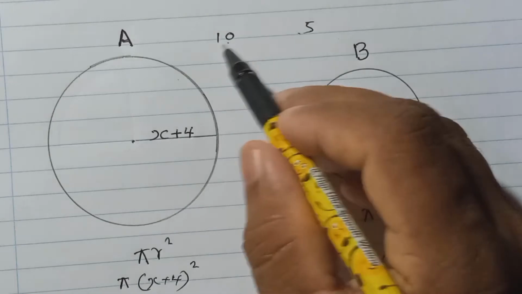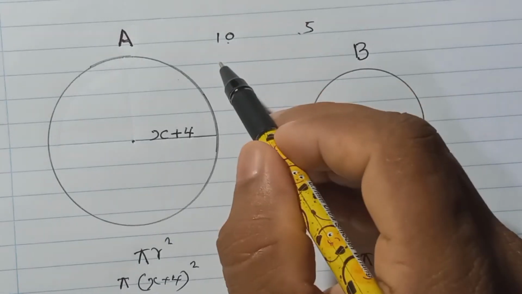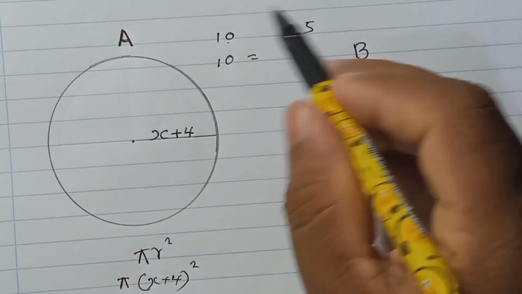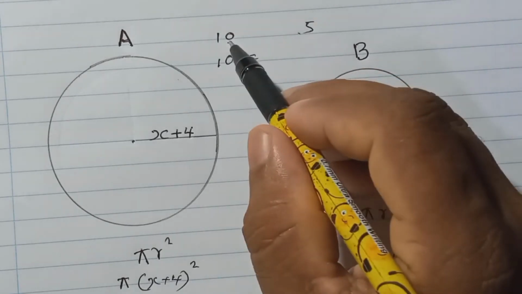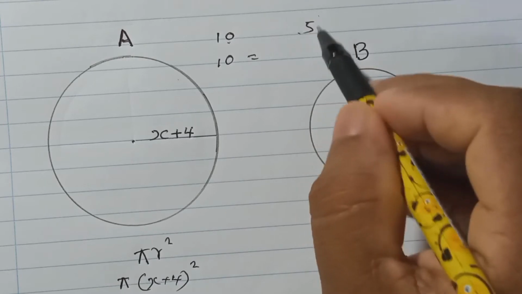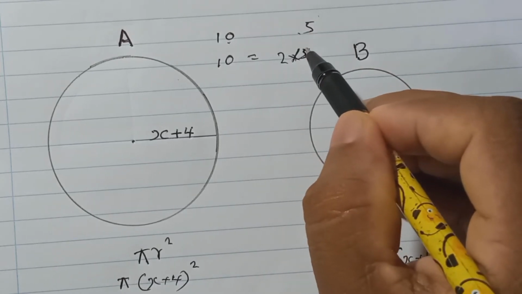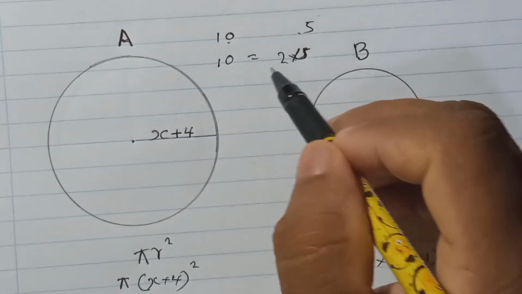So if you need to make these two equal, what we need to do? This one 5 you need to multiply by 2, no? This is twice of the 5. This is a very simple idea. This simple way I need to explain here.